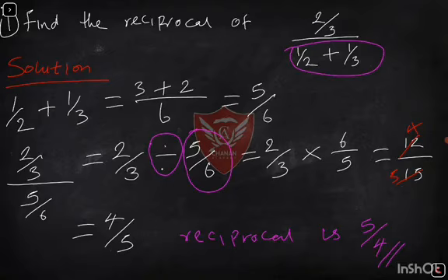However, if the question was just simplify this, it would have just been 4/5. But we were not just asked to simplify, we were asked to look for the reciprocal. So the reciprocal is 5/4.